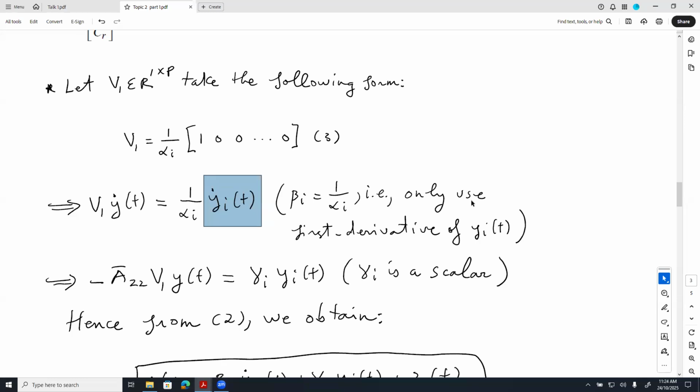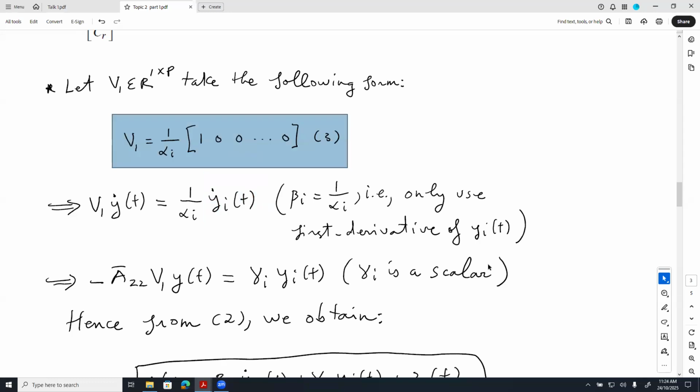And that is significant because we're able to use only the first derivative of measurement yi of t only if V1 takes this structure.